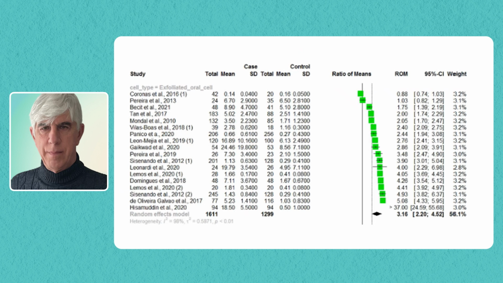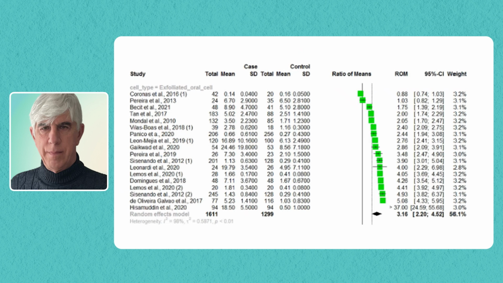When you work in humans, you can use other systems, but the two most popular are measuring the micronuclei in lymphocytes or in exfoliated buccal cells. And this meta-analysis was done in both systems.